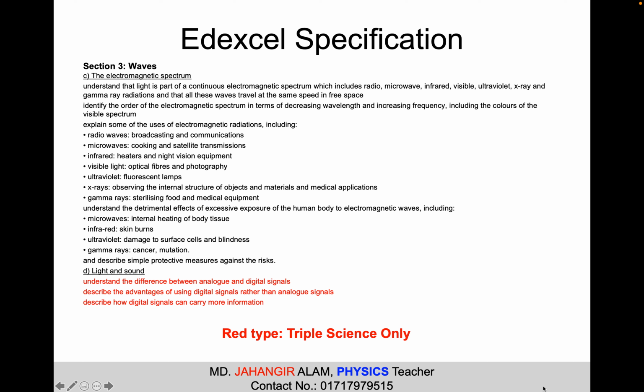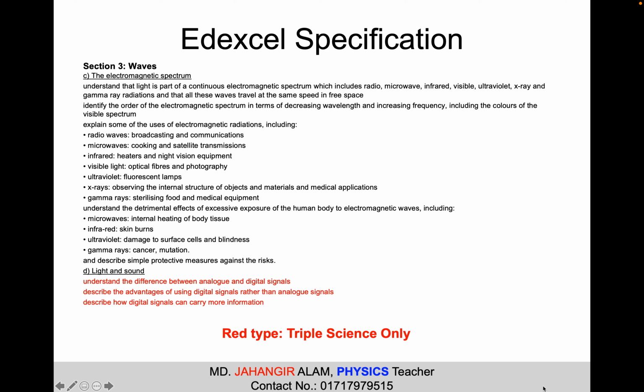Here is the Edexcel specification. After finishing this chapter, we understand that light is a part of the continuous electromagnetic spectrum, which includes radio, microwave, infrared, visible, ultraviolet, X-ray and gamma ray radiations, and that all these waves travel at the same speed in free space.